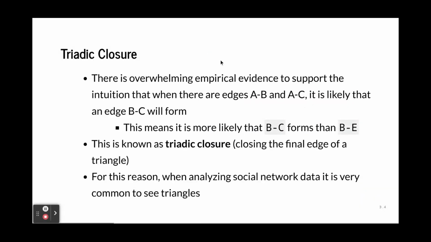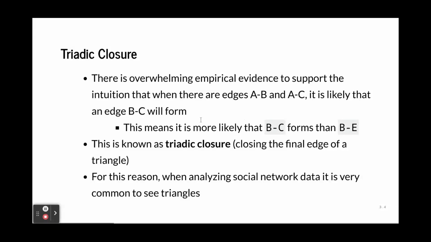There is overwhelming empirical evidence to support the intuition that when there are edges between, say, nodes A and B, as well as A and C, it is likely that an edge between B and C will form.